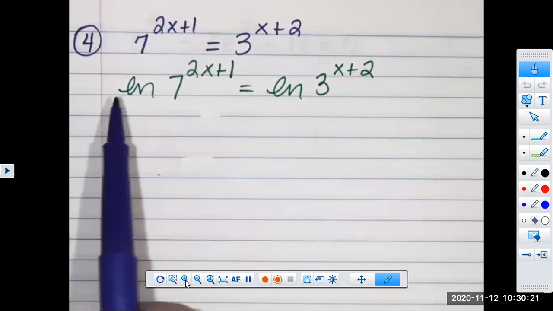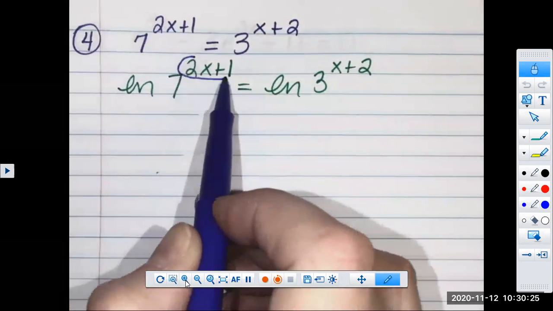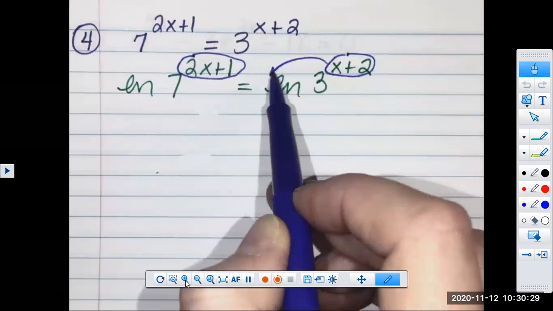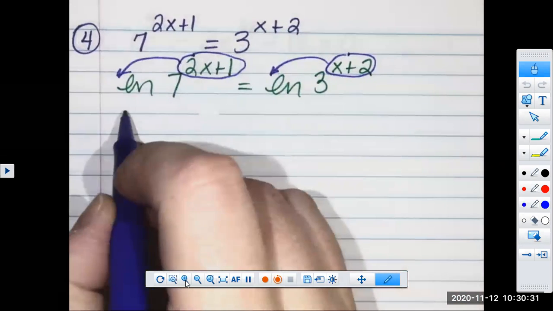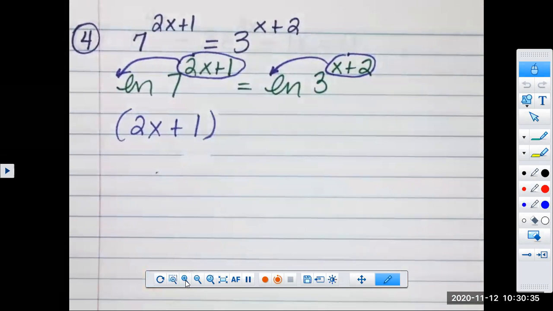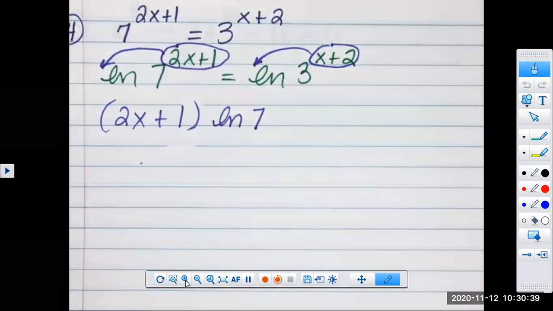Okay, after you do that, your second step is always to pull what is in the exponent area, use that power rule, and pull it out front. And make sure that you put it in parentheses because you have 2x plus 1 getting multiplied to natural log 7.